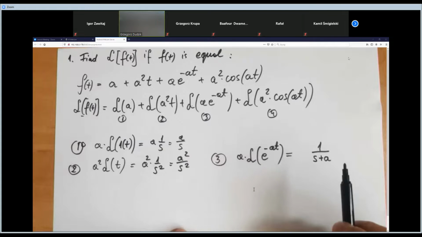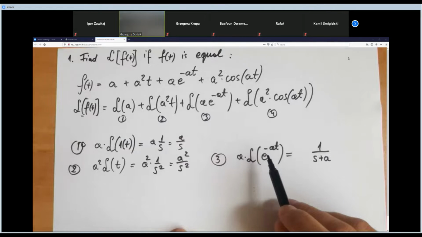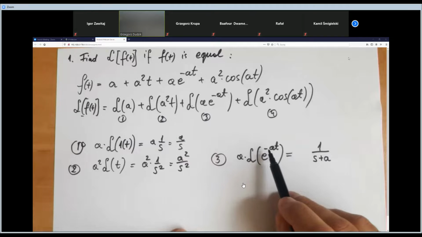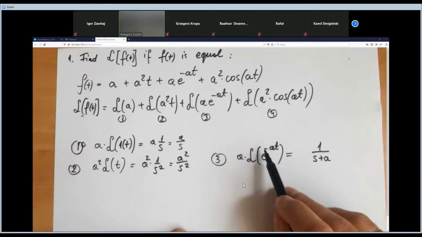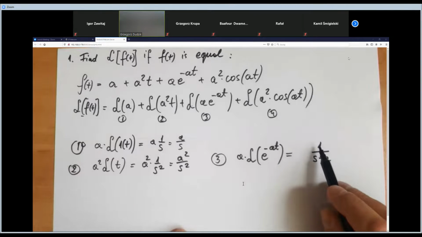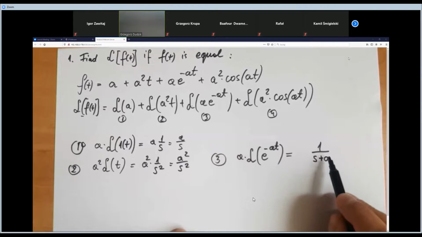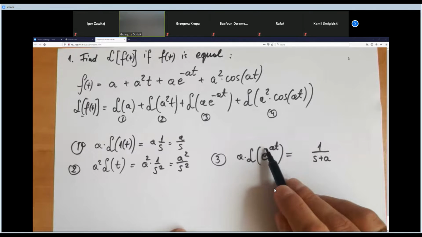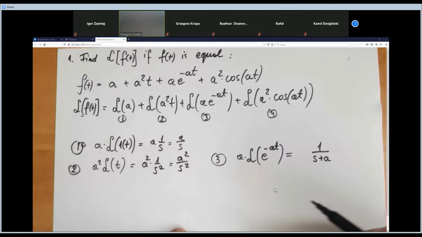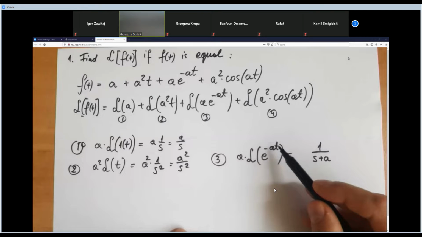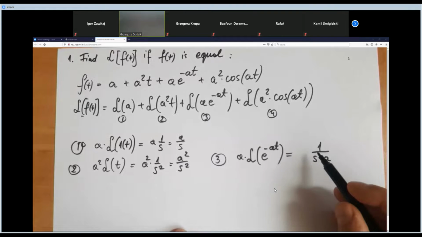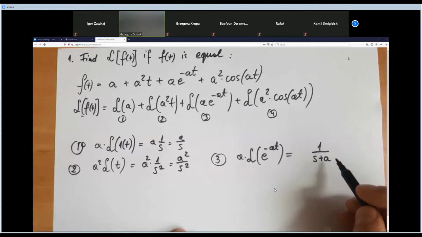What you have to know is that for this original function, e to the minus at, where we have the minus here, the Laplace transform is 1 over s plus a. So you have to remember, if we have the minus here, we've got the plus. If I have the Laplace transformation of e to the at, with a positive power, then I will have the Laplace transformation equal to 1 over s minus a.